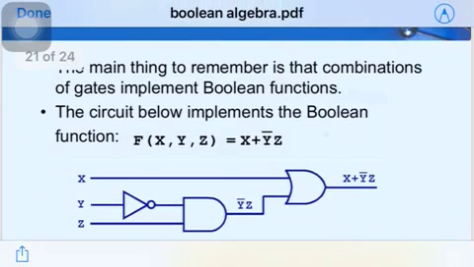So you can see an inverter, and the inverted output Y complement and Z are given as inputs to the AND gate, which gives the output Y complement Z. That is given as an input to the OR gate along with X, and the final output will be the expression X or Y complement Z. This is how, using logic gates, we draw logic diagrams.